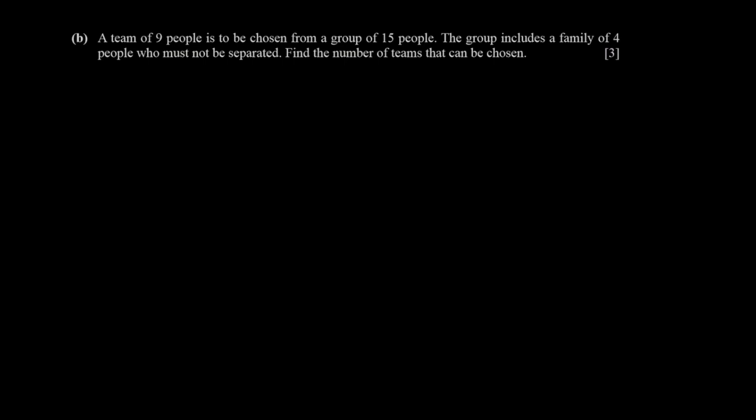Now then, we've got a family of 4 people who must not be separated. And that means we've got 2 situations to consider. Firstly, if the family is in the team, what that means is that we're supposed to have a team of 9 people. We've already got the 4 family members in the team.